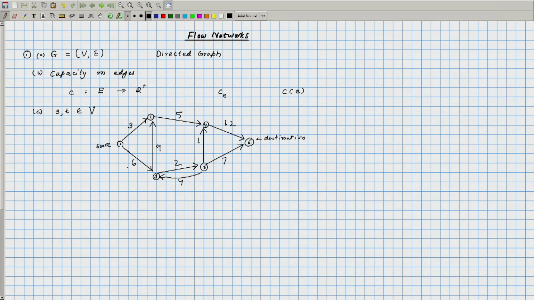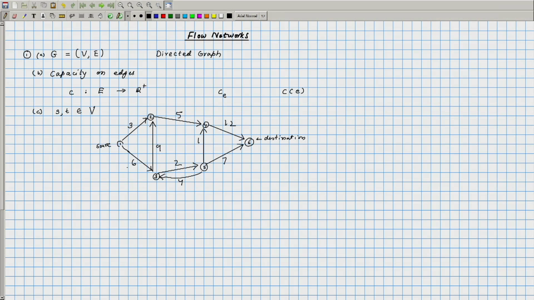There are additional assumptions. What are the conditions that should be met? Since we are thinking of this as fluid flow, there are some natural conservation criteria that each node should satisfy. In particular, at any of the internal nodes, the incoming flow must be equal to the outgoing flow, and on any edge the maximum amount of flow is bounded by the capacity of that edge.